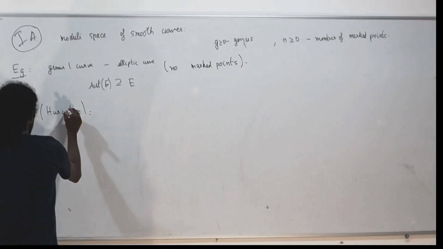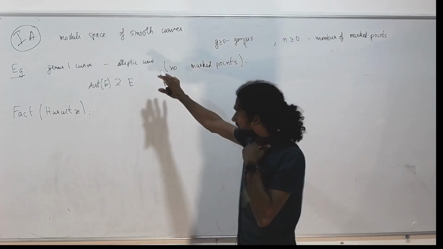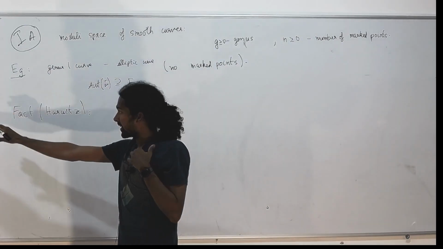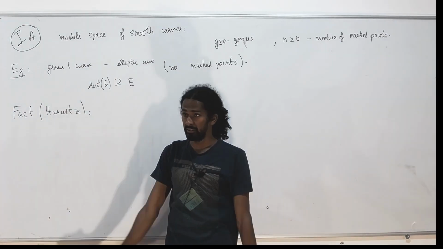At least we're lucky that the situations that I described here are the worst things that can happen, where the automorphism group is really big, it's infinite.